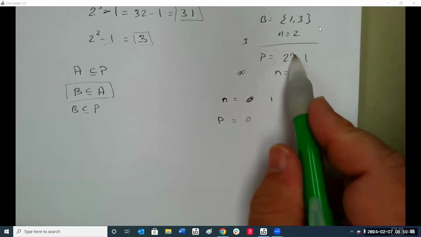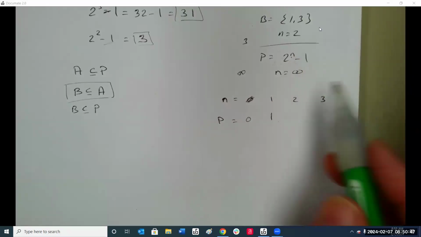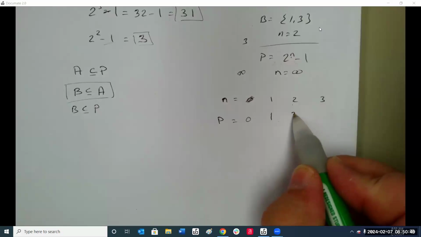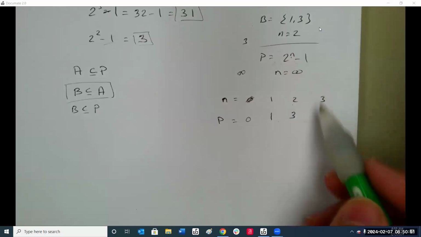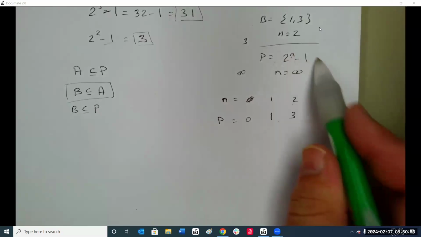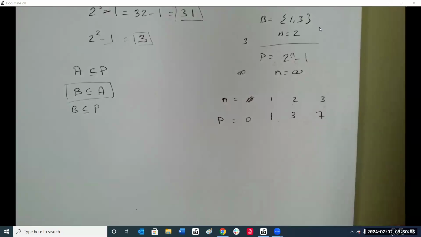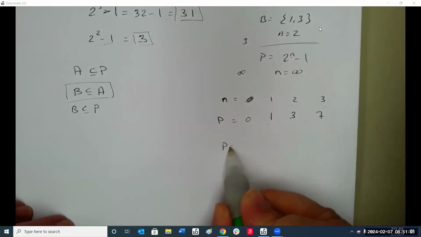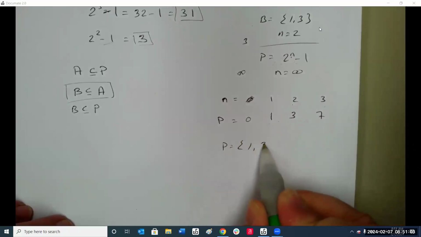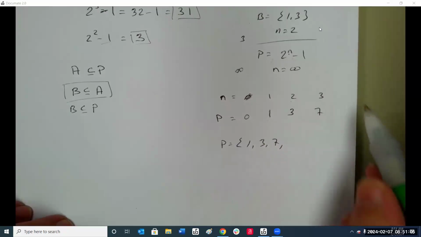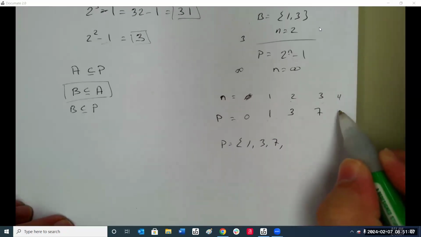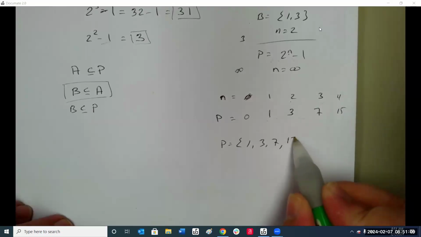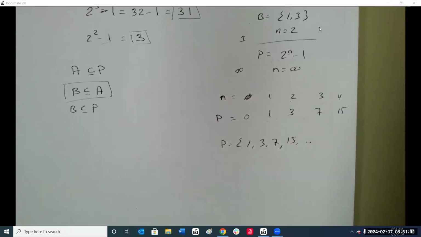So when n is 1, we have 1. When n is 2, we have 3. When n is 3, we have 7. So these are the elements of P. The elements of P are 1, 3, 7, 15, and so on and so forth.